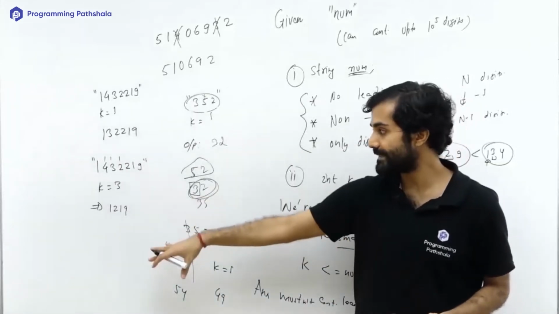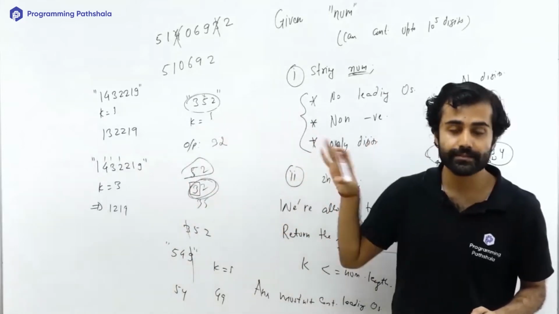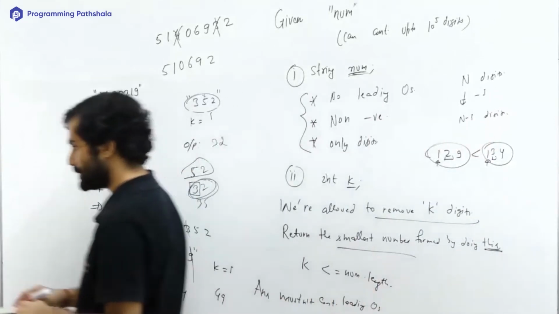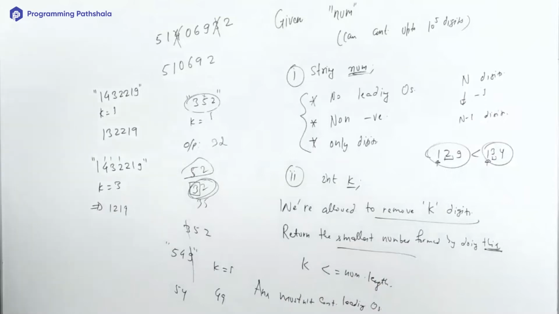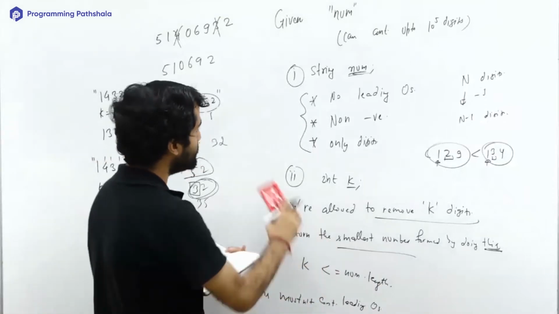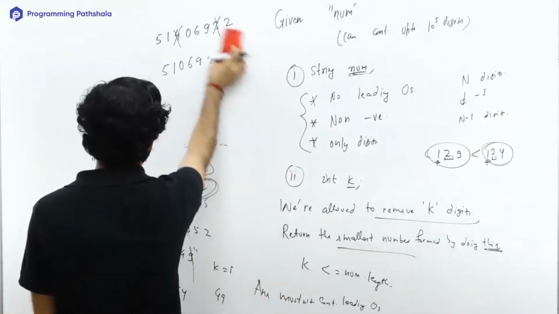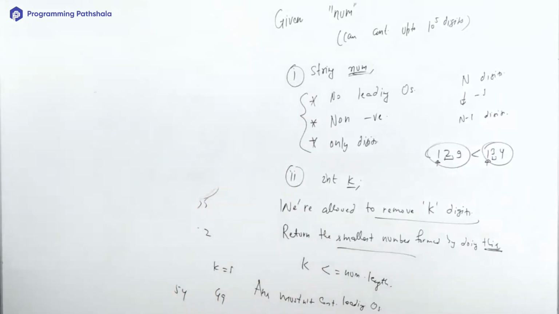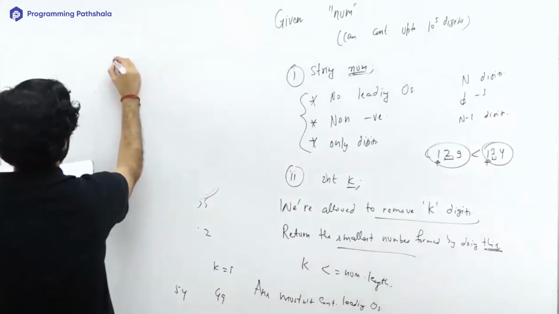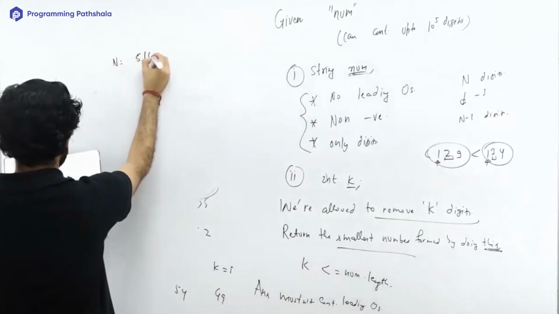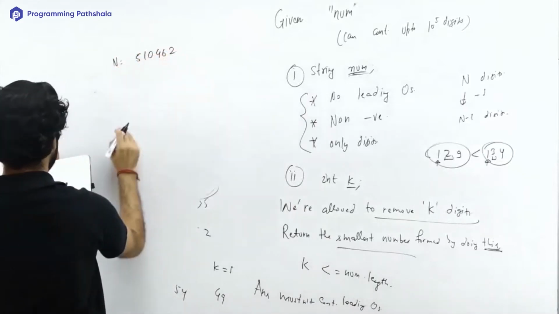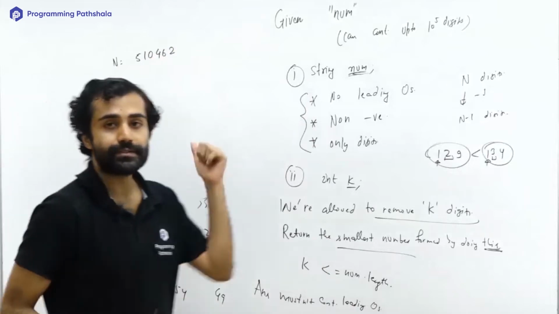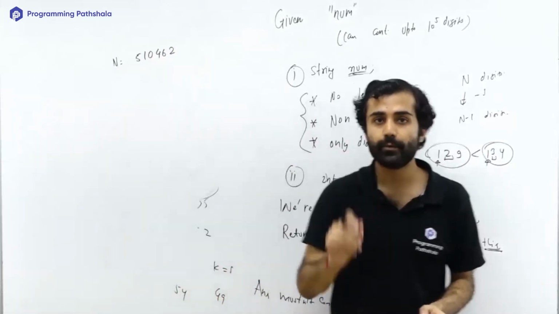Now, enough of examples. We can start with some logic building over here. So let me ask you one simple question that is different from this actual question that we are solving here. Let us say you have been given a number n, which is 510462. So this is your number, and I ask you one simple question.